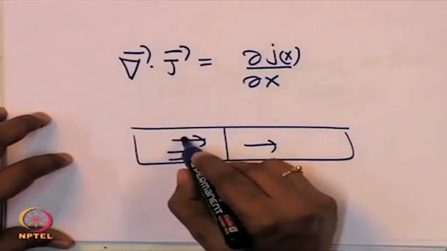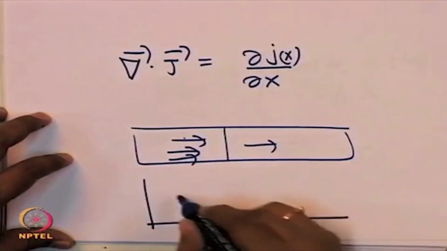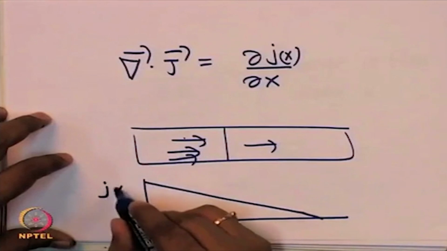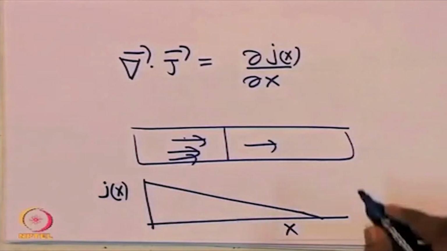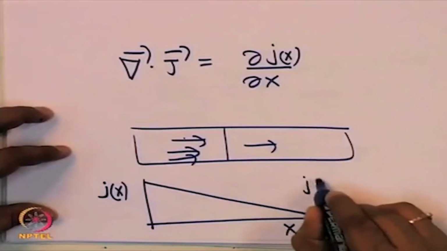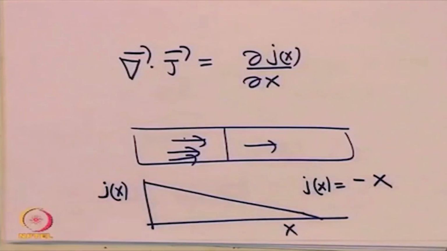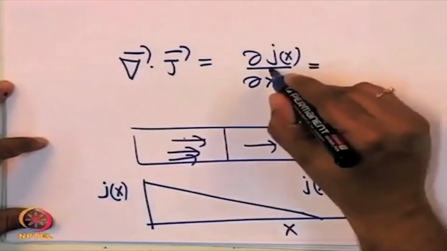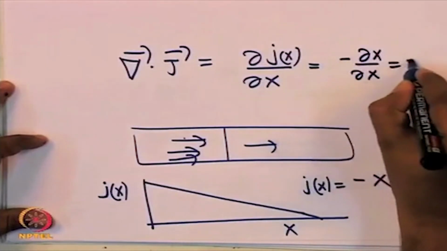That means the flow here is more compared to the flow here. So, how do we plot this? So, we can plot j as again a linear function. So, j of x versus x can be plotted like this. So, let us call j of x is equal to minus x. Let us say j of x is minus x. So, del dot j is minus del x by del x is minus 1.